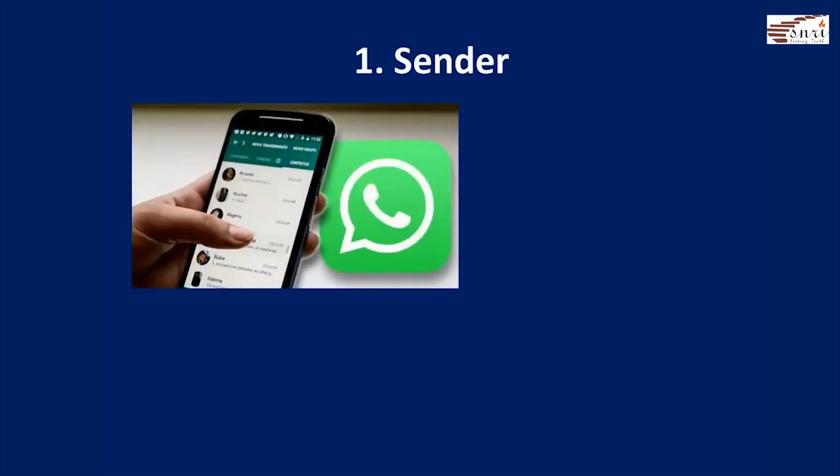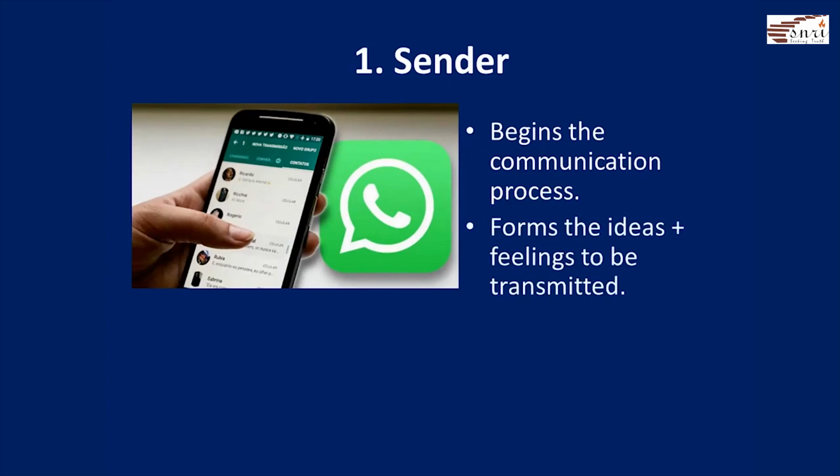So the first one is the sender. Now, as the term suggests, the sender is the one who basically sends the message to the receiver. So the sender begins the communication process, and he does this by forming ideas, intentions, and feelings that will be transmitted.